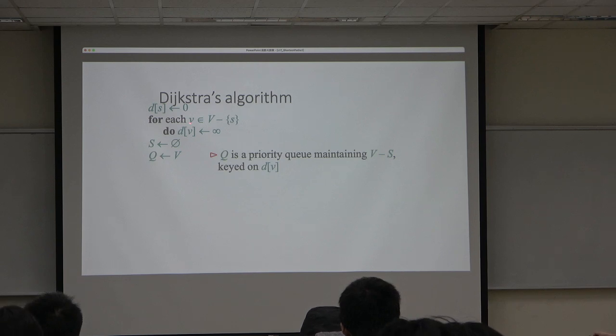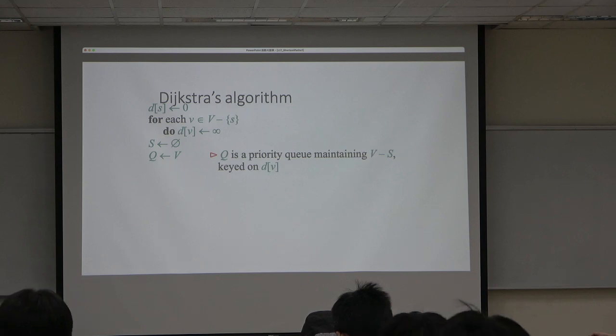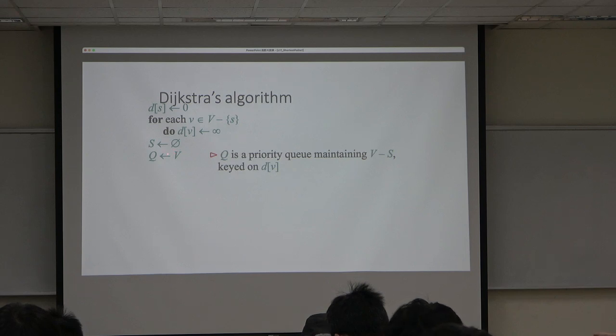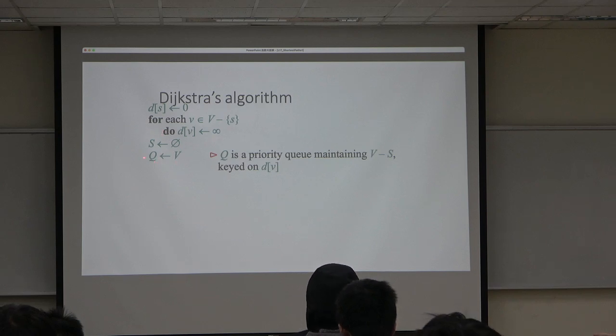For each vertex, you assign the distance to V as infinite, just like the key you assign to be infinite in Prim's algorithm. Then S is the empty set, and you put all the vertices into your priority queue. So this part is pretty much identical to Prim's algorithm.